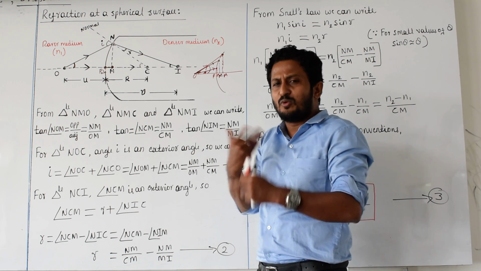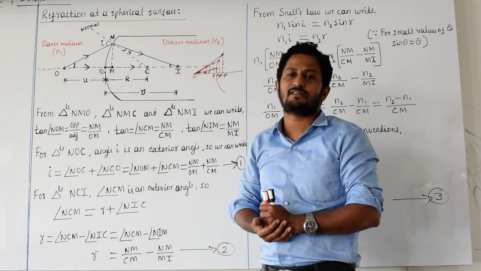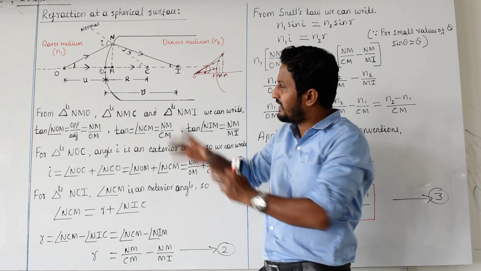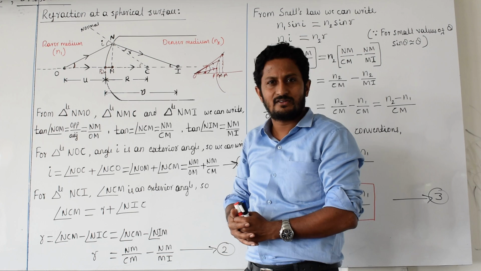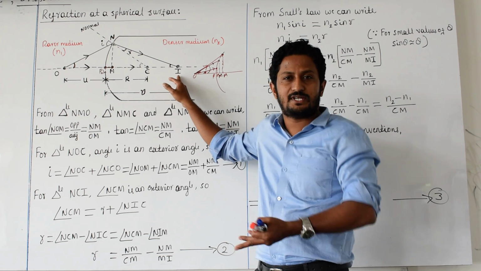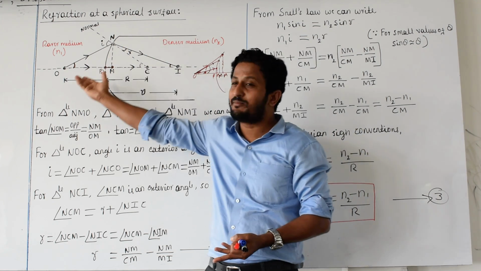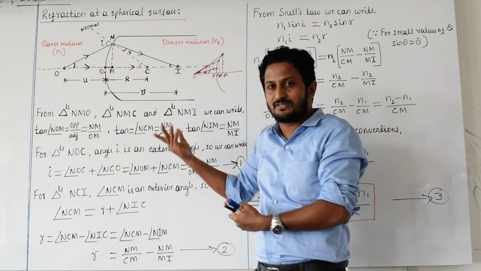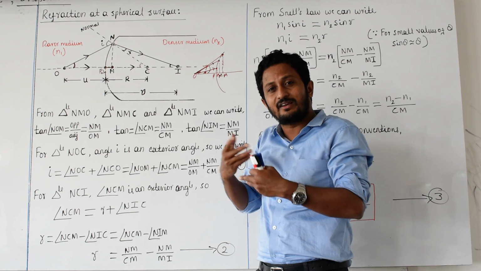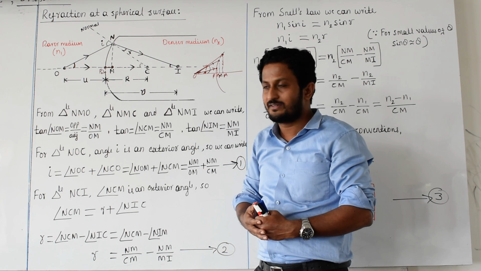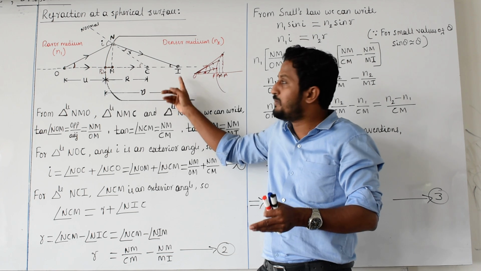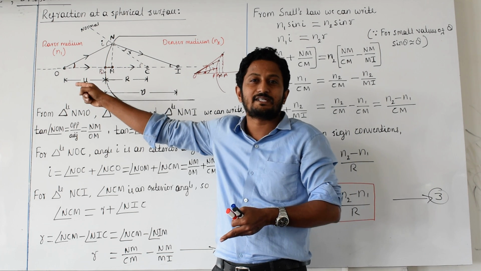Okay, one more derivation we can derive here. We can even reverse this. Treat this one as the object, and that will be the image. Look here. If you go with a reverse analysis, if you treat this as the object, obviously that will be the image.